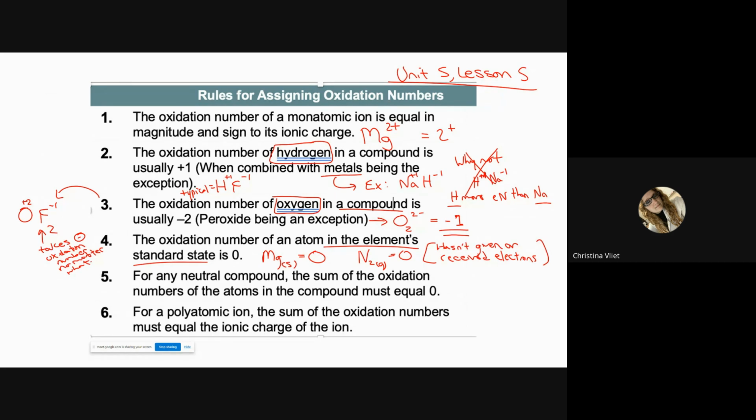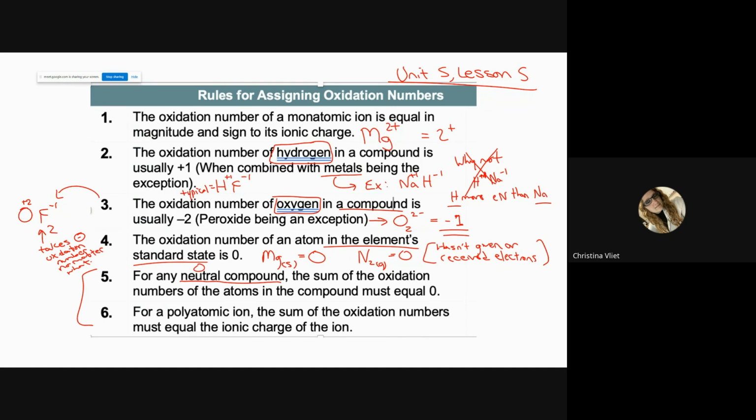You're going to have to look out for elements that are by themselves to always have an oxidation number of 0. That's rule 5. And so rules 5 and 6 is where most of our work is going to be. And this is where your critical thinking skills are going to come into play. A little bit of possible math. For any neutral compound, so underline neutral compound, neutral means overall charge of 0.